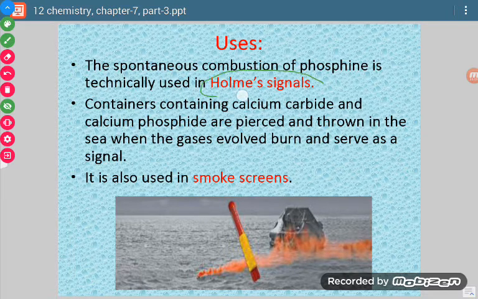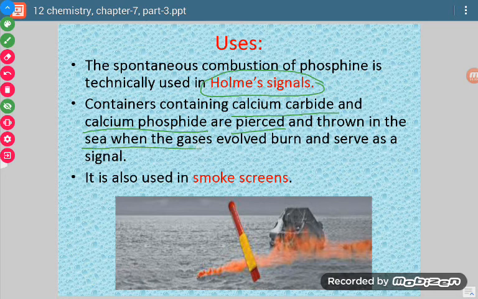Okay, so how is that smoke and fire obtained? Now what we do, we take calcium carbide containers and calcium phosphide containers, and those containers are pierced. We make holes in those containers and then we throw it in the water.